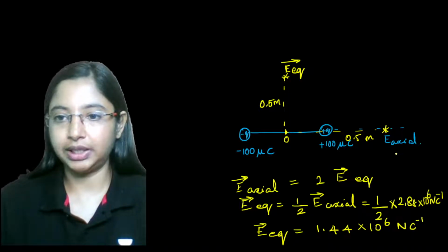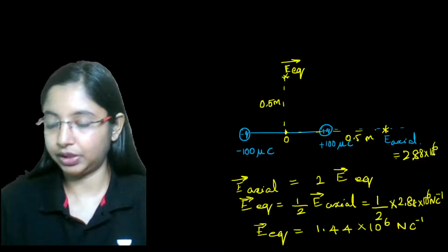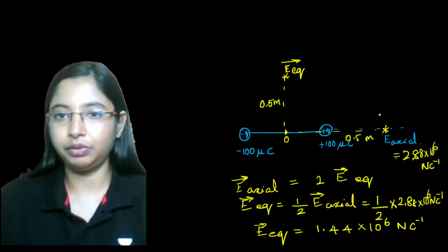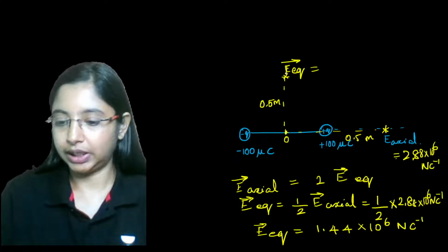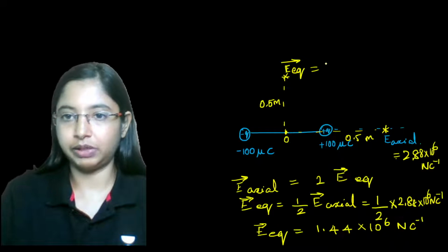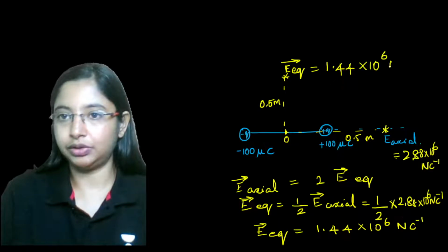So at the axial point the electric field is 2.88 into 10 to the power of 6 Newton per coulomb, but at the equatorial point, because of the short dipole, it will be 1.44 into 10 to the power of 6 Newton per coulomb.